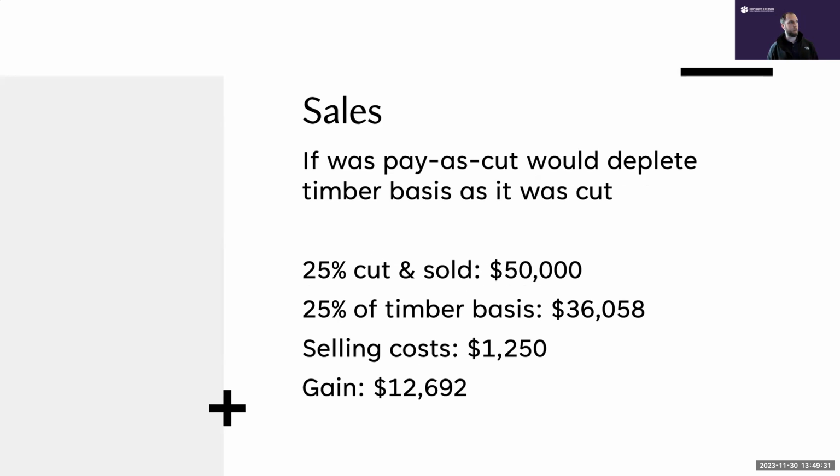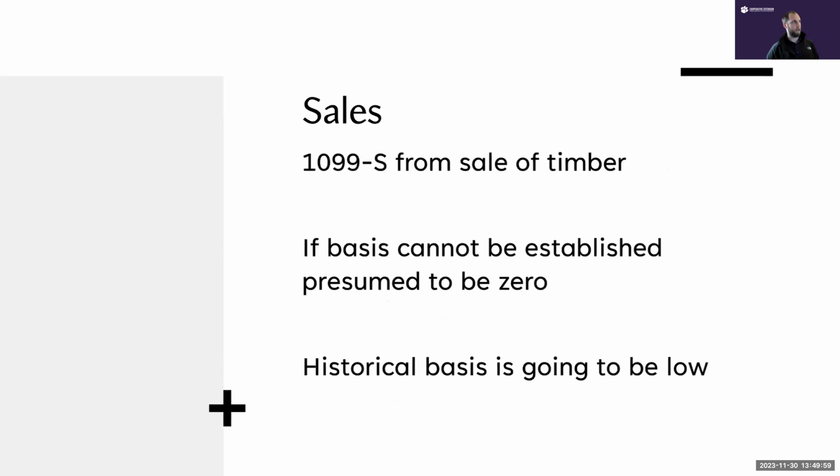With a similar sales price, we would take 36,000 of that timber basis, which is 25% of the original 144,000, with the 75% remaining for our other cuts. We'd have some selling costs, and then calculate your gain from there. The depletion is really calculated on a per unit basis, and there's a more official calculation, but basically this is how it works in practicality.